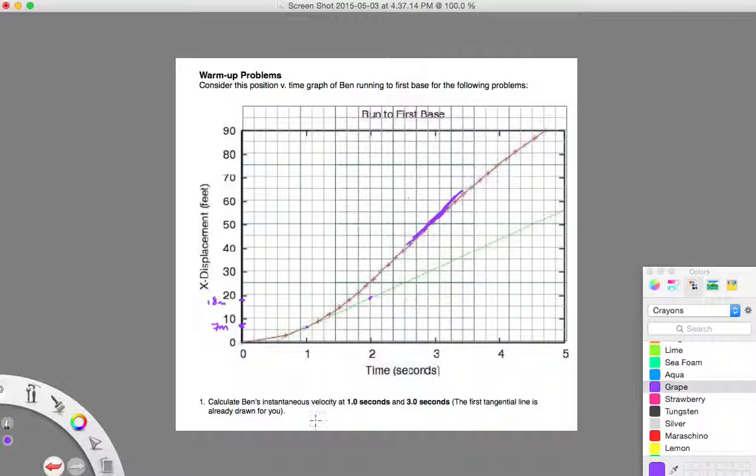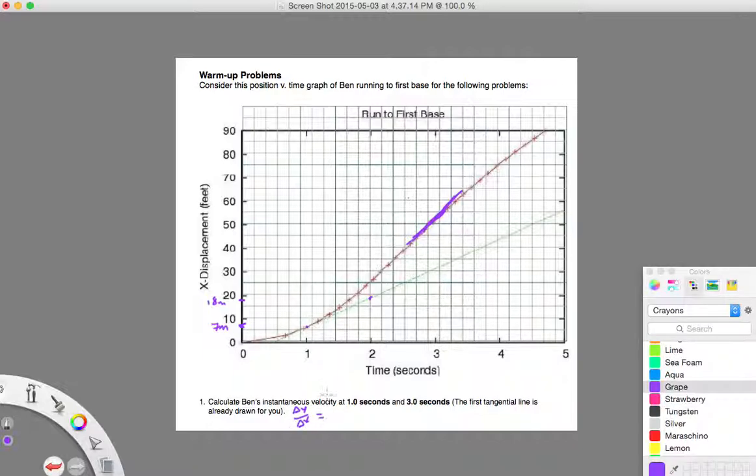So for his instantaneous velocity at 1 second, which is this green line, the tangent at the green line, here's the equation you use. You use the change in y over the change in x.